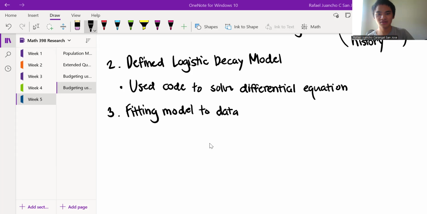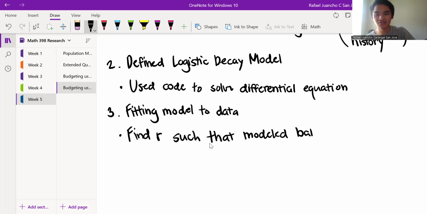Right, so here, it's more or less find R such that the modeled balance best fits actual spending data.